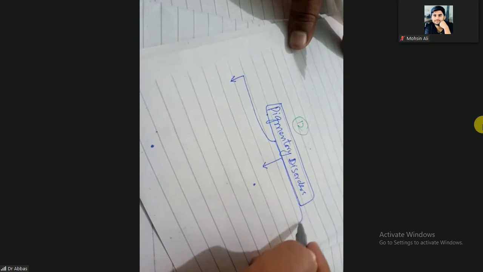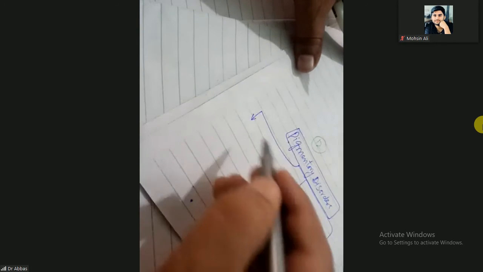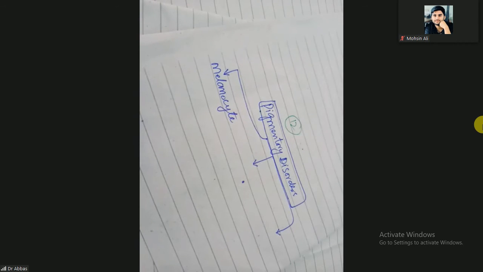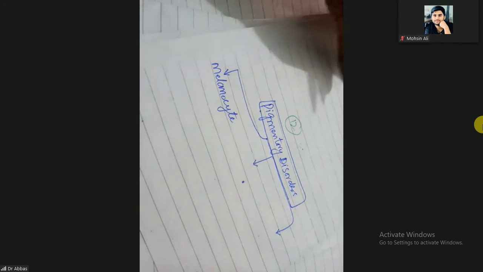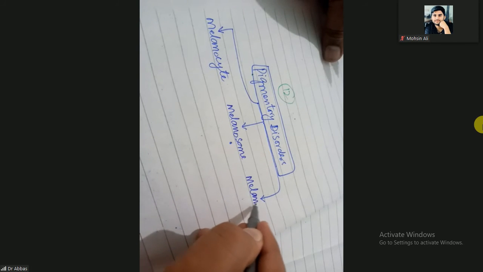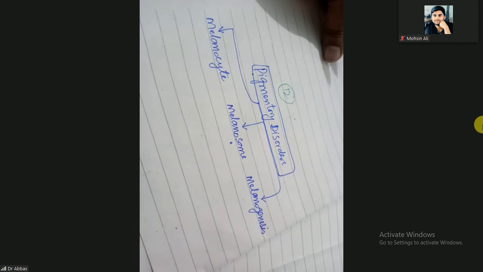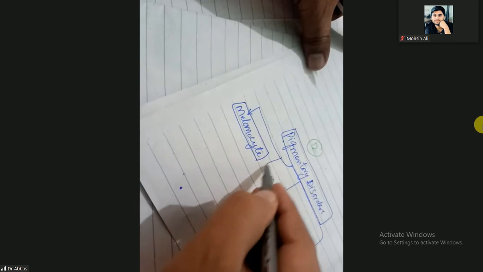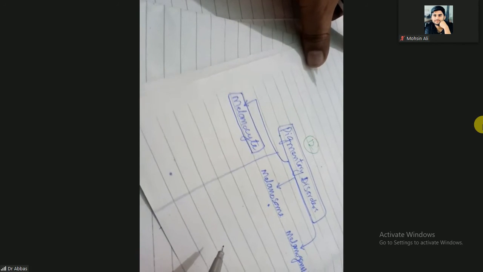One is due to the melanocyte, another is due to the melanosome, and another is due to melanogenesis. Melanocyte means the number of the melanin production cells.